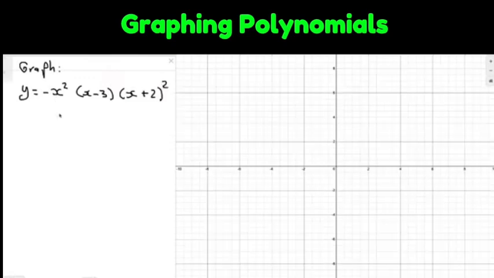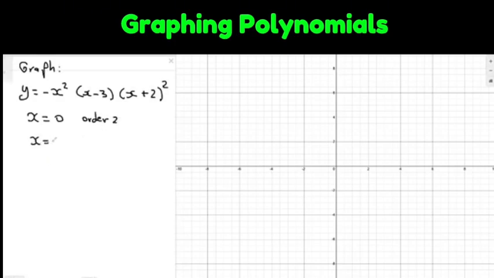Now, when we're graphing polynomials, the first thing we find is the x-intercepts. Since this equation is written in factored form, we don't have to do much, just indicate what the zeros are. So we have x equals 0. That's from the x by itself here, and that's order 2. I'll explain what that means after.